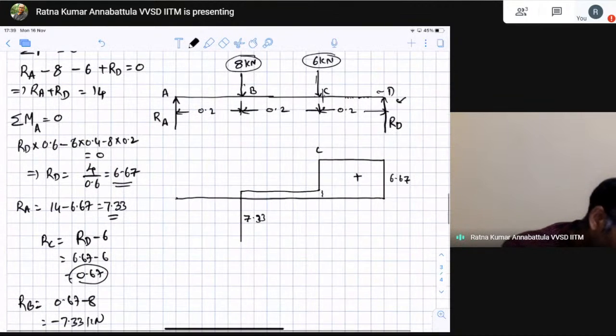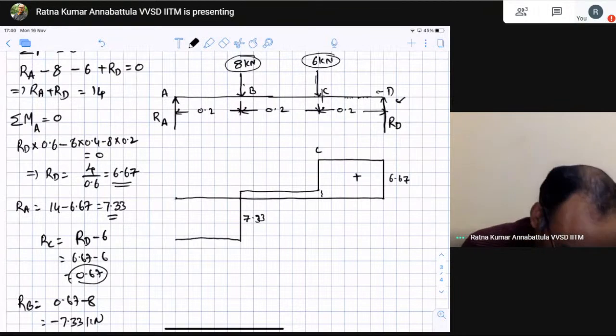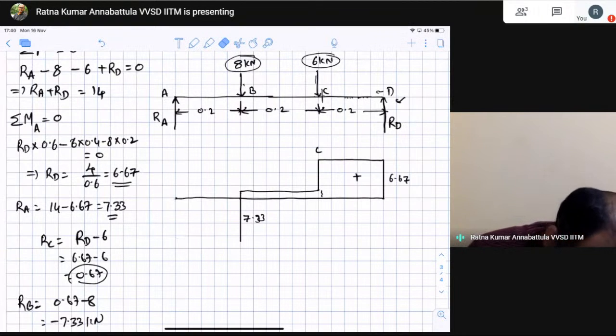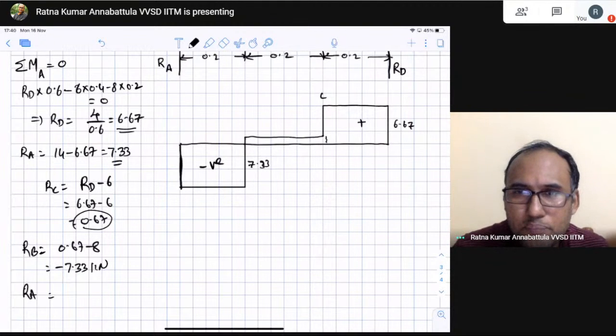And from here up to very close to the right of point A, it will remain constant. It should be a horizontal line. And at A, it is minus 7.3 plus this reaction, this becomes balanced, right? So this is negative. That is how you will draw a shear force diagram.